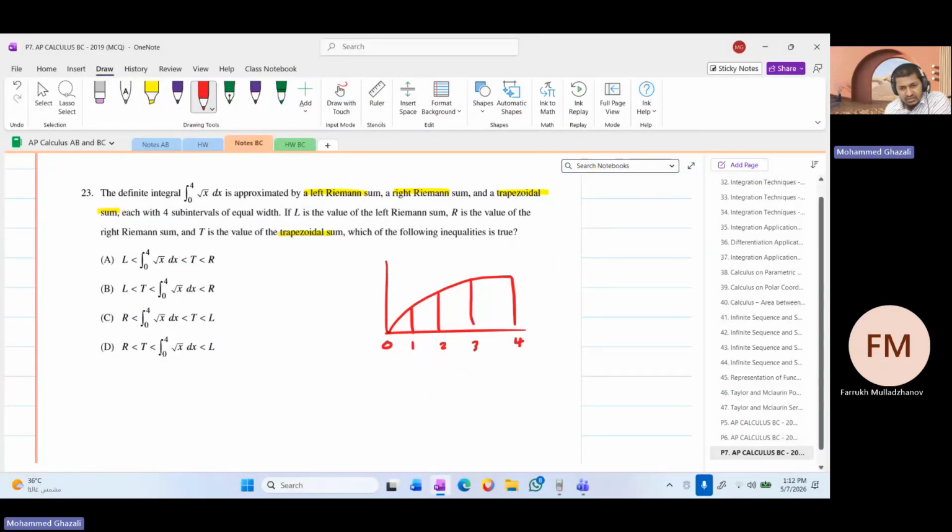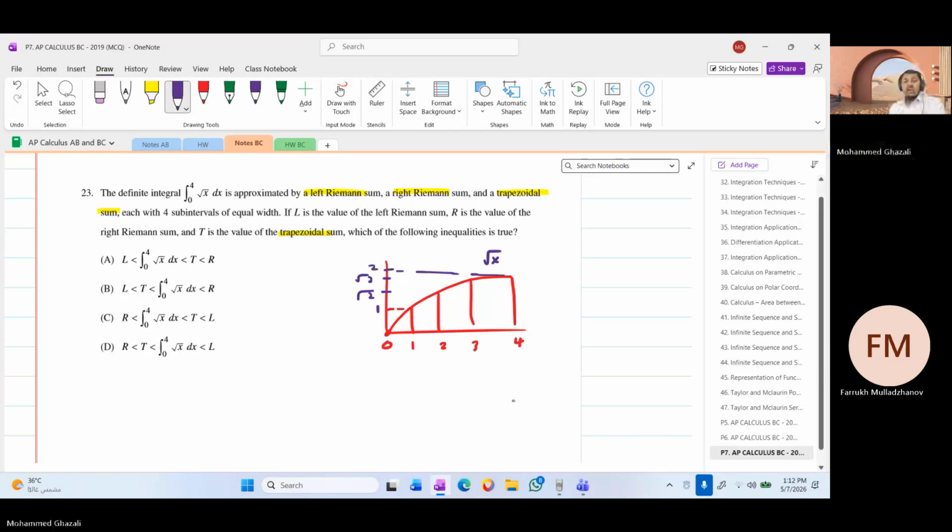Now remember, at 0 it is 0, and at 1 the value is root 1, which is 1. Approximating, the value at 2 is root 2, the value at 3 is root 3, and the value at 4 is 2. Makes sense?